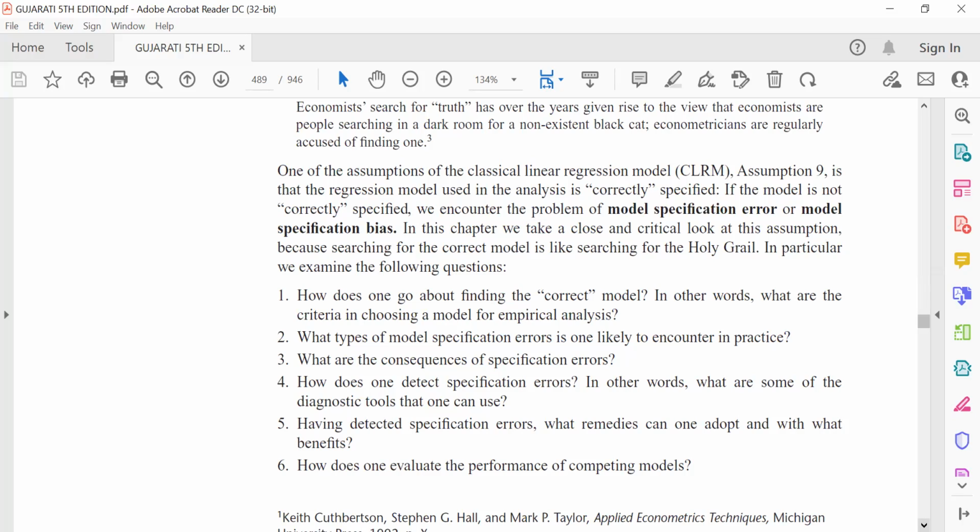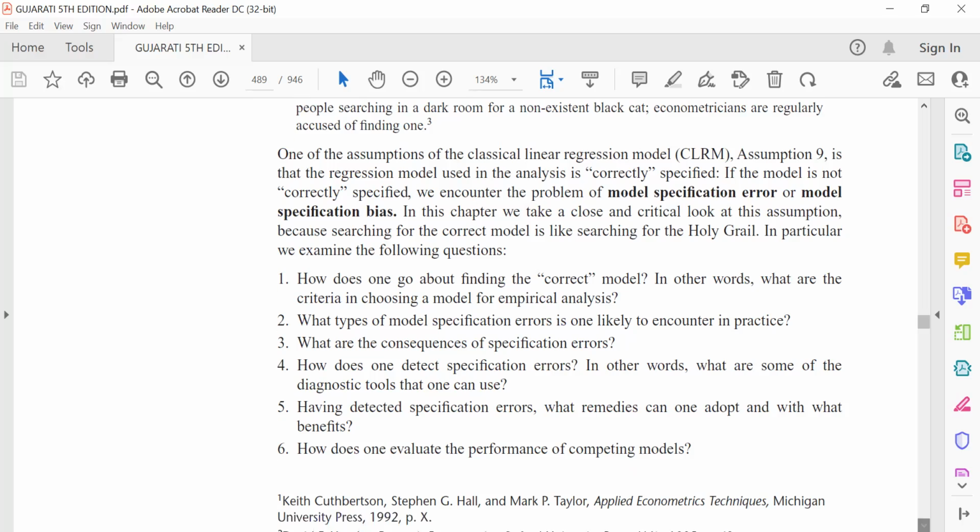For example, we just learned about heteroscedasticity and autocorrelation consistency, and also we have a generalized least squares model. The estimated results are the same.